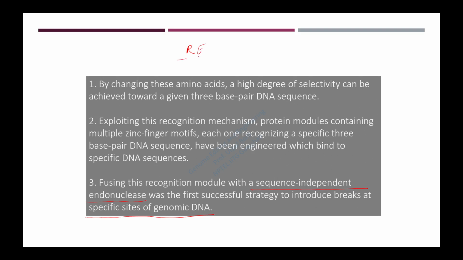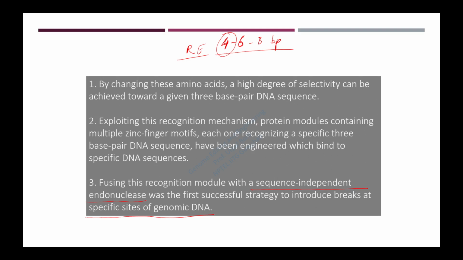Generally, they recognize 4 to 6 to 8 base pair sequences, and after recognition it will make a cut there. But as our genomic DNA sequence is repetitive, this particular 4 base pair sequence recognized by the restriction enzyme can be repeated several more times. So that will create several non-specific breaks throughout our genome.